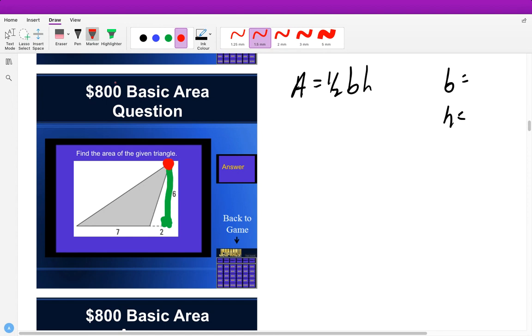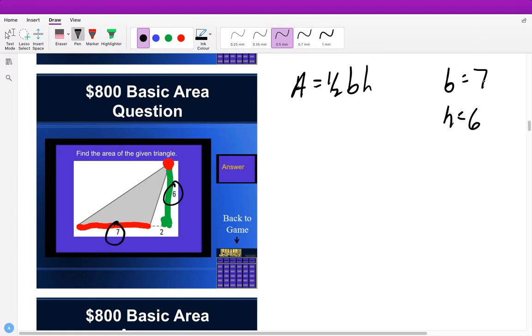So I look and see, well, what is the only base that this vertex is not touching right now? And the only base that it's not touching is this base down here. So that means that my height is going to be the 6. I'm sorry, put that in the wrong one. And my base is going to be the 7.